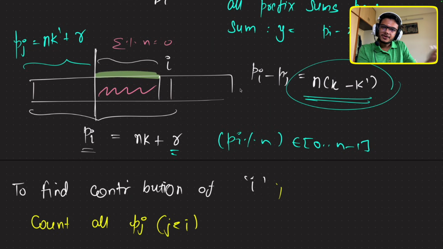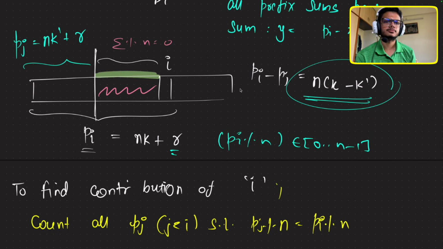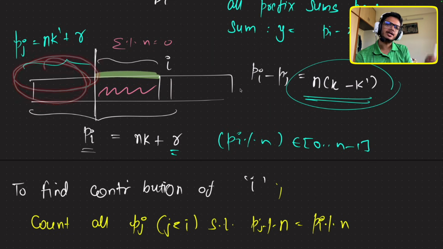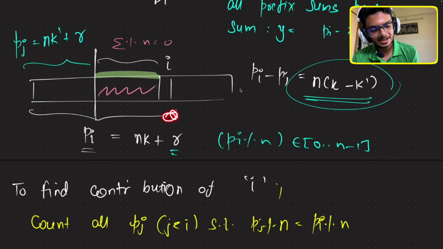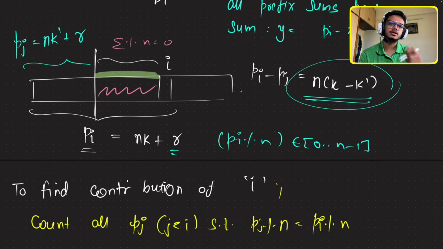So you want to find all the prefix sums before it such that pj mod n is the same as pi mod n, right? You find all the prefix sums before this guy whose remainder is the same as the remainder left by the current prefix sum. For all of those prefix sums, you get a subarray divisible by n.